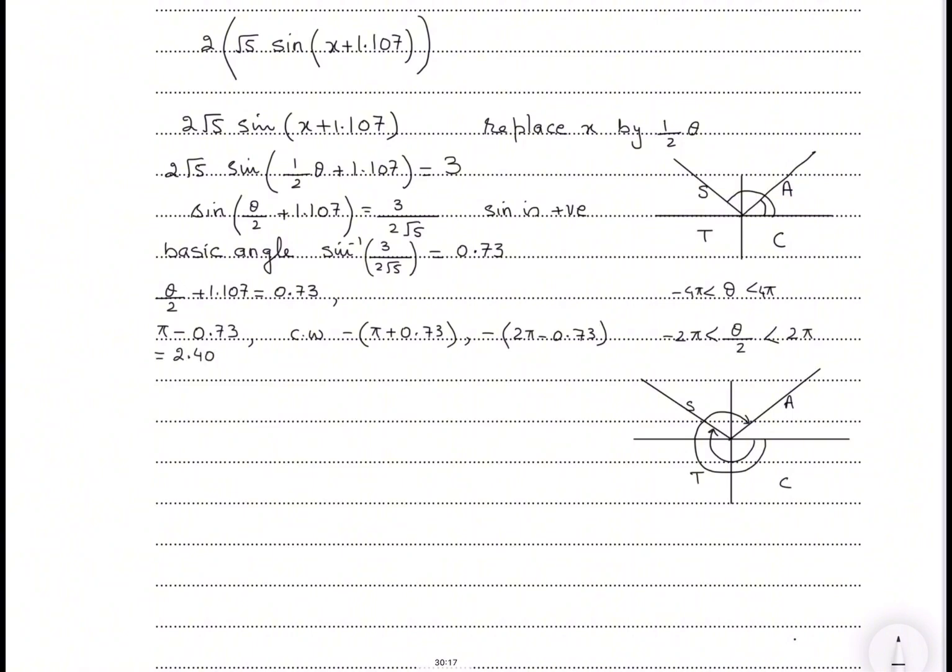So pi minus 0.73 is 2.4, and the answer of this is minus 3.877, and the value of this is minus 5.548. So theta is 0.73. So minus 1.107 multiplied by 2, this will give you theta, which is negative 0.743.